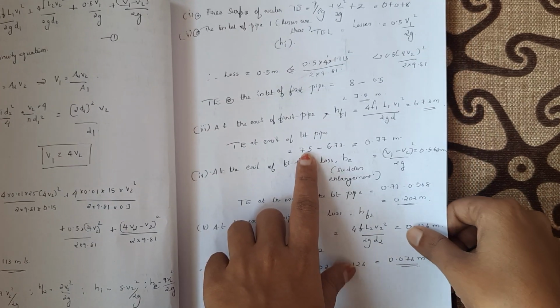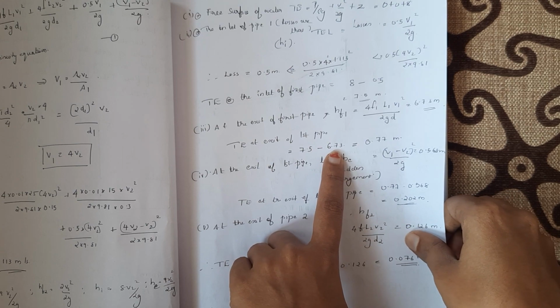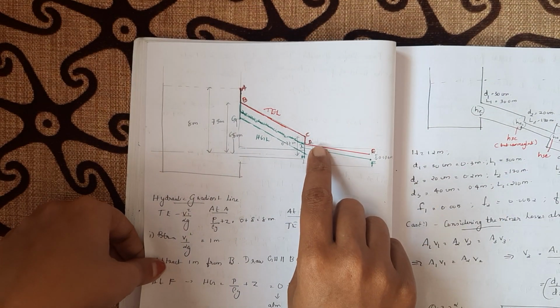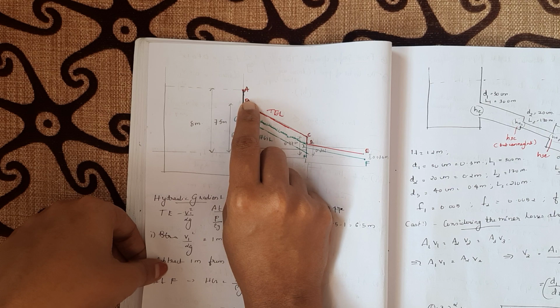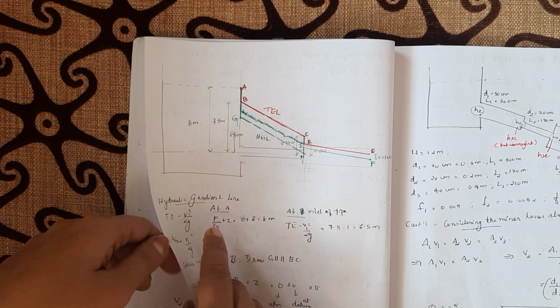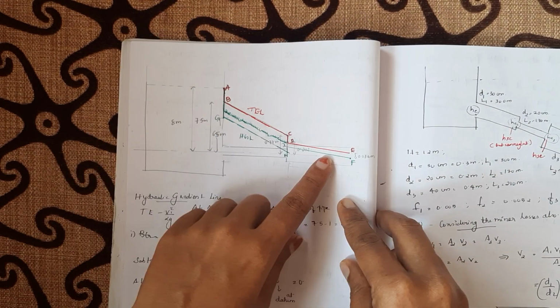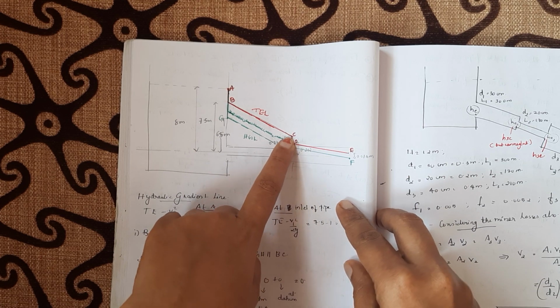Therefore, the total energy at the exit of the first pipe is 7.5 minus 6.73, which is equal to 0.77 meter. Now we have to mark that also. We have reached till here, right? That is the point B. It was 7.5. Now minus 6.73. What will we get? 0.77 meter. This is that 0.77 meter, at the point C.